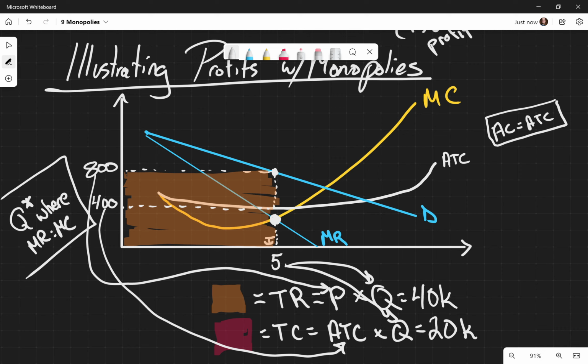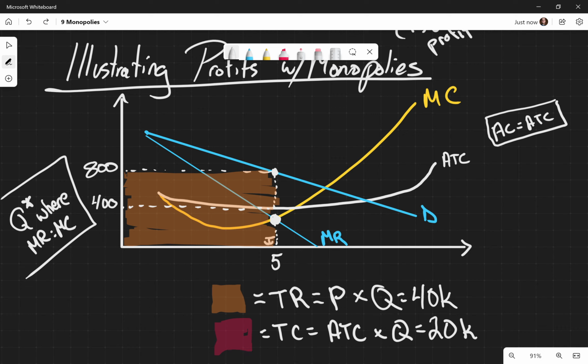Just to give us all a little bit more clarity in terms of where all those numbers are coming from. And so this rectangle here is going to be our total cost rectangle. The area of that rectangle, 20,000, tells us that the total cost is 20,000.